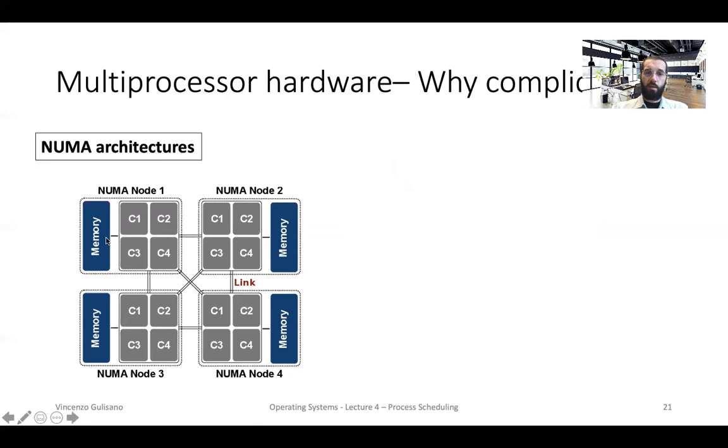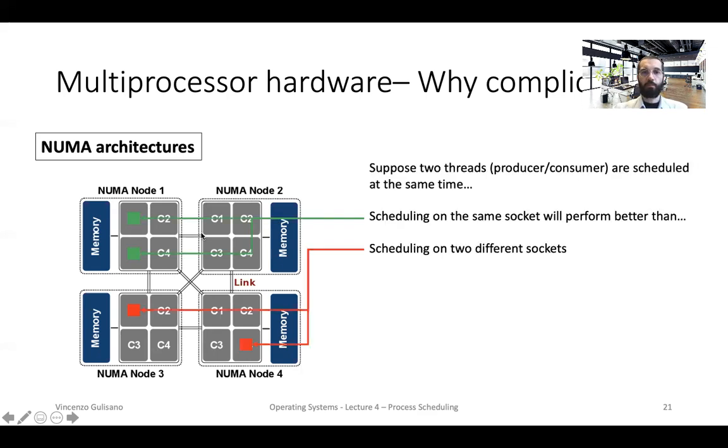Within each socket, the CPUs can share their own memory, but they can also communicate with other CPUs. This is non-uniform because, if C1 and C2 want to share some data, they can do it through their own memory. So it's faster than if C1 here and C1 here need to share something, because then they need inter-socket communication.